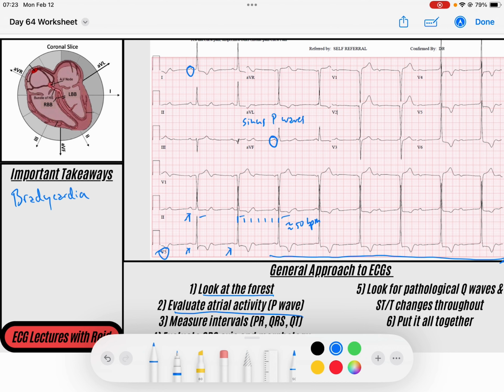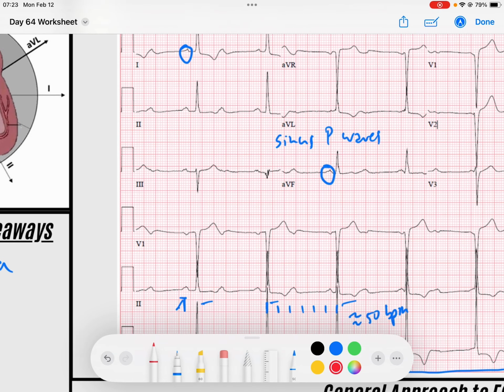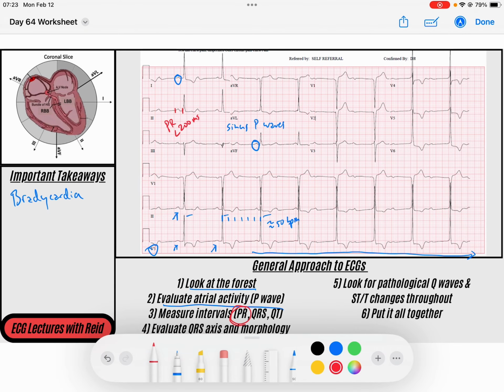Okay, and now let's see, are those P waves conducting to my QRS complex by measuring my intervals? The first interval I like to use is my PR interval. If I look, say, maybe at this first complex here, my PR interval seems to be normal. My PR is less than 200 milliseconds, which is normal. And we know that PR intervals need to stay the same throughout the entire rhythm to call those normal and consistent.